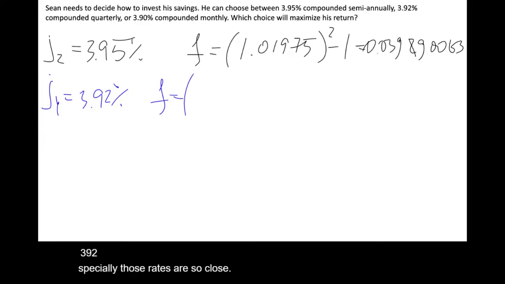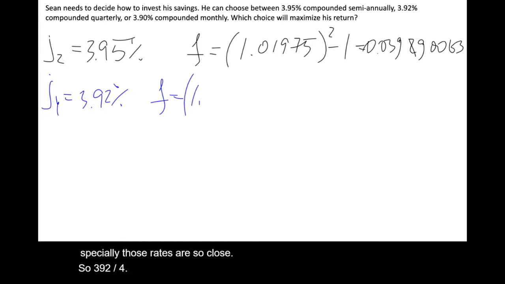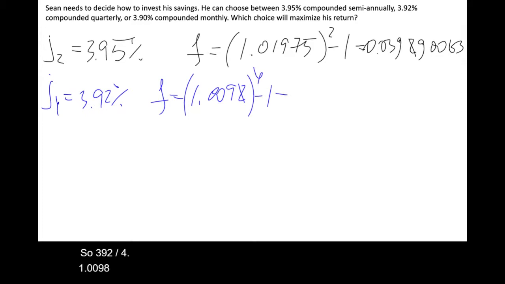So 0.0392 divided by 4, 1.0098, exponent 4 minus 1, equals 0.039780014.